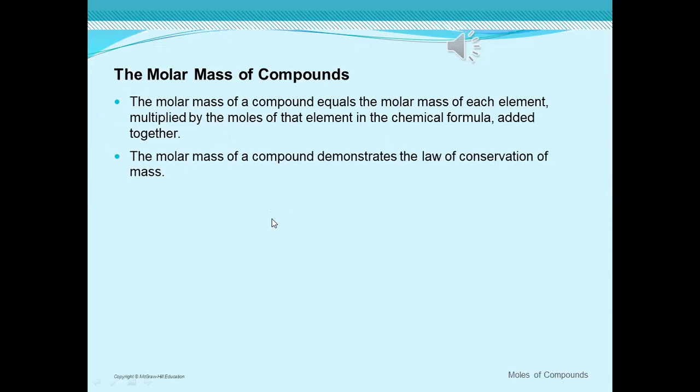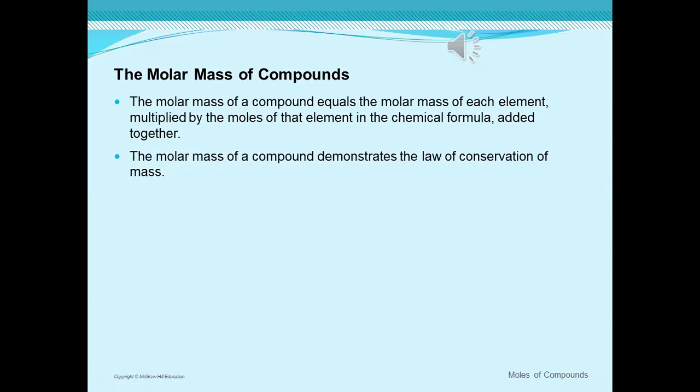How can we calculate the molar mass of a compound? It equals the molar mass of each element multiplied by the moles of the element in the chemical formula, added together, as we are going to do now for Al2O3. It's a compound. To get its molar mass, we multiply 2 moles of aluminum, so 2 times the mass of aluminum, which equals 27 from the periodic table.